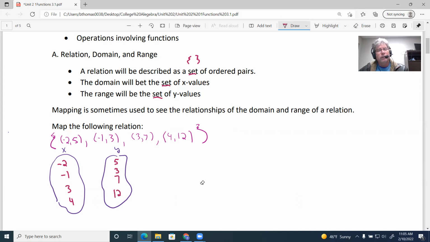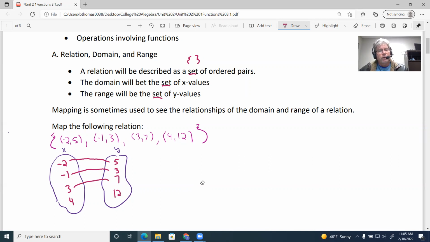Mapping just says the -2 is going to correspond with the 5. In other words, the -2 is going to be assigned the y value. The -1 is related to the 3, or the -1 is assigned to the 3. The 3 is related to the 7, or again, the 3 is assigned to the 7.